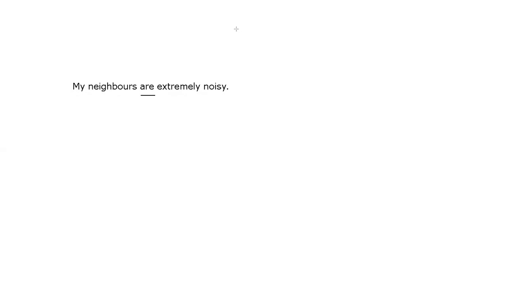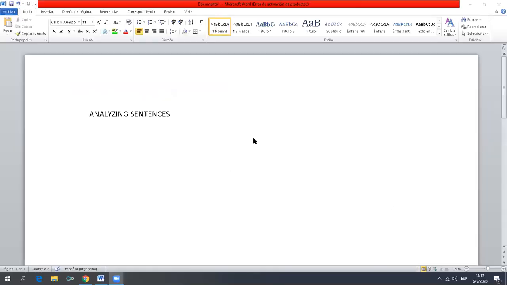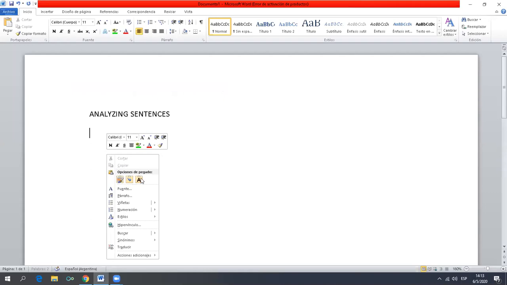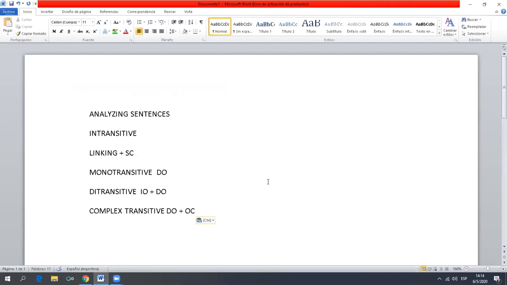Next, we had to think of the kind of verb we are talking about. So this is something that you should all remember very well. Whenever you have a verb, you have to ask yourself whether the verb is, and these are the possibilities, intransitive, because it requires no objects or complements.